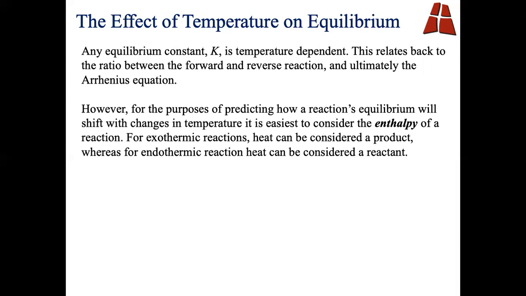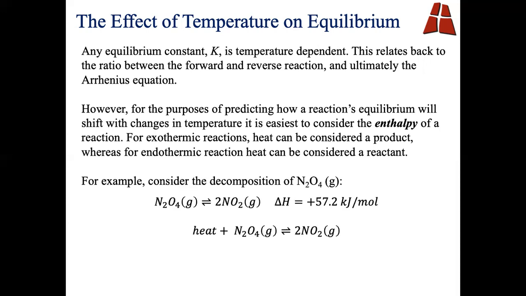If we're thinking about doing a reaction quotient interpretation, though, it's much easier to think of things in terms of enthalpy of a reaction. For reactions that are exothermic, we could consider heat to be a product, whereas for any endothermic reaction, we could consider heat to be a reactant.